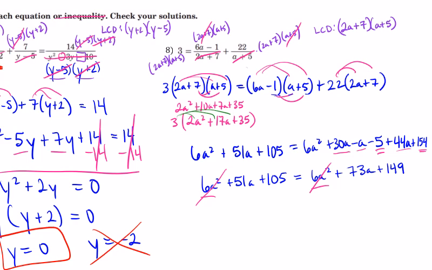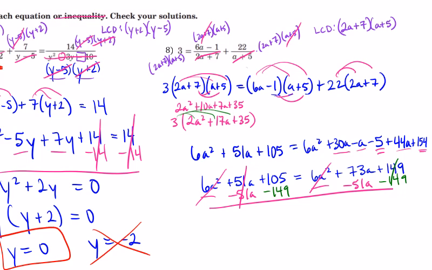So now we want to get our a's on one side, numbers on the other. So since 73a is bigger, I'm just going to subtract 51a from both sides. So I can put my a's together. And then while I'm at it, since I got my a's on the right, I'm going to subtract my numbers from that side to get my numbers on the left.